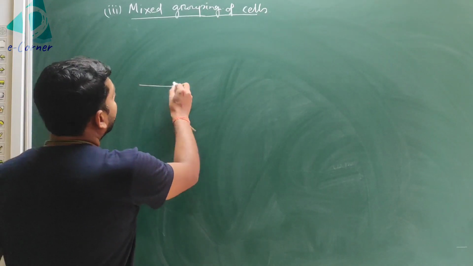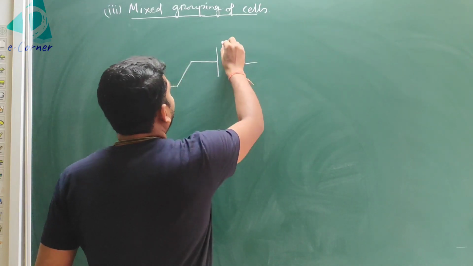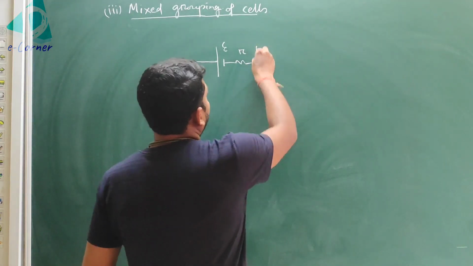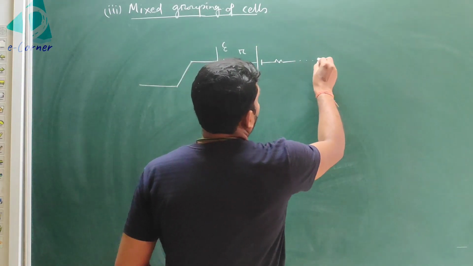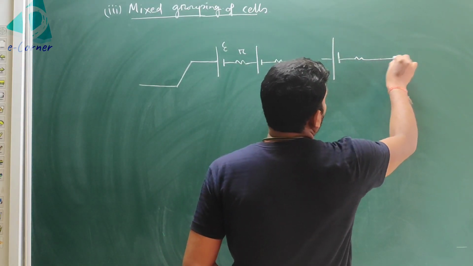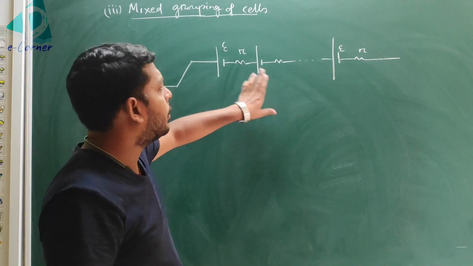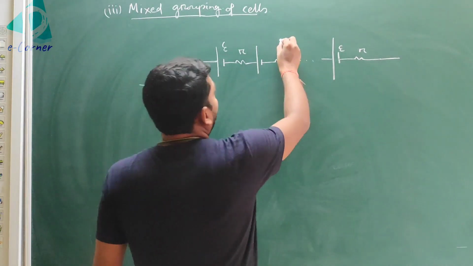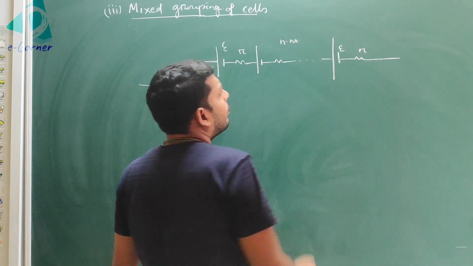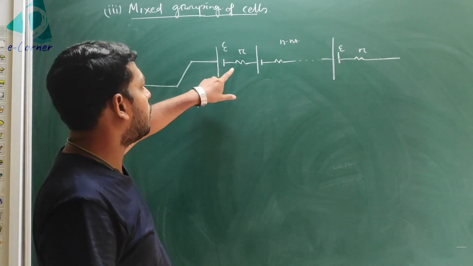So first of all we will connect the batteries or the cells having EMF E and internal resistance r in series. Okay, so this is the battery. These are the batteries, n number of cells connected in series.